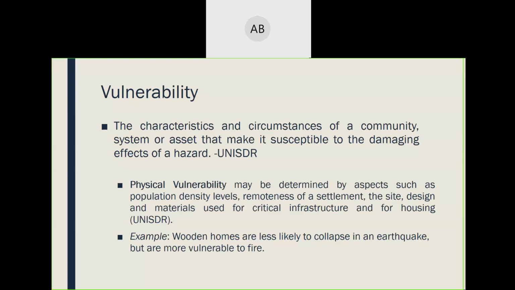Now the idea is that I want to explain what vulnerability is. Your house is a concrete house, that means RCC or reinforced cement concrete, built with all the codes and procedures adopted in the construction. And let us assume that it is a double-story house.